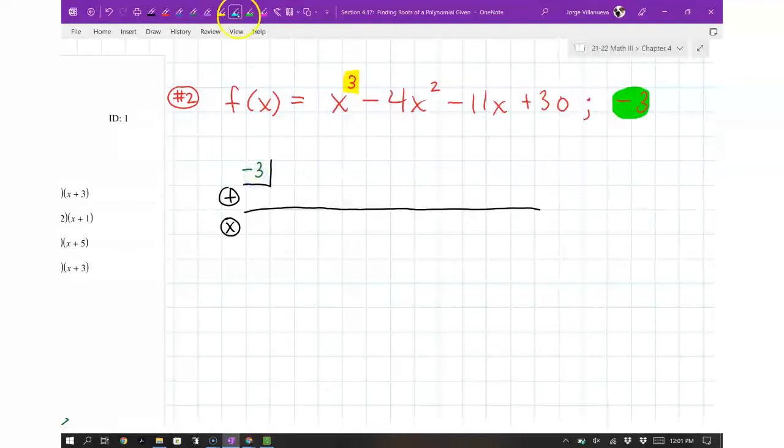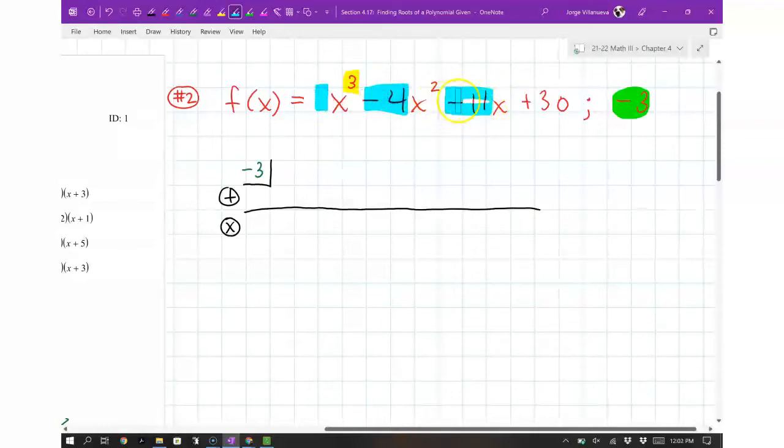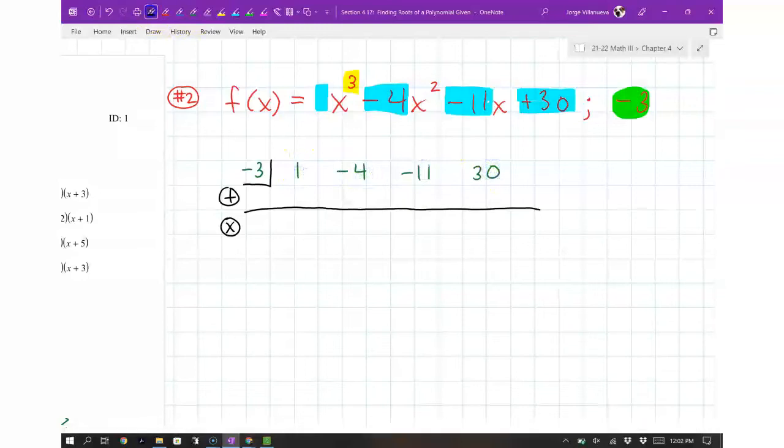So my coefficients are right here, and let me just highlight them for you. So -4 there, -11 there, and a +30. Those are my coefficients. There is a 1 right there that's kind of missing, right? So let me write that down. 1, -4, -11, +30.